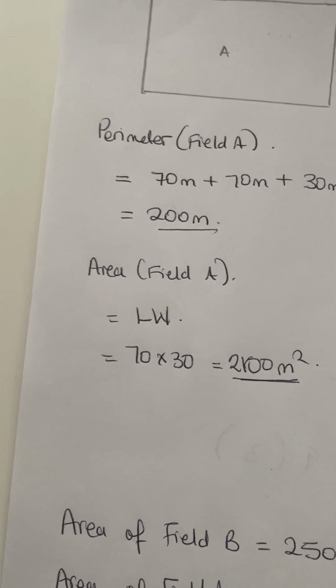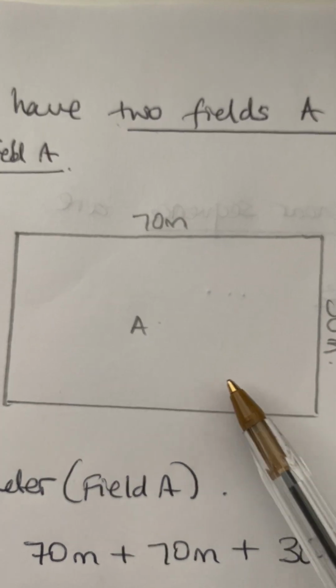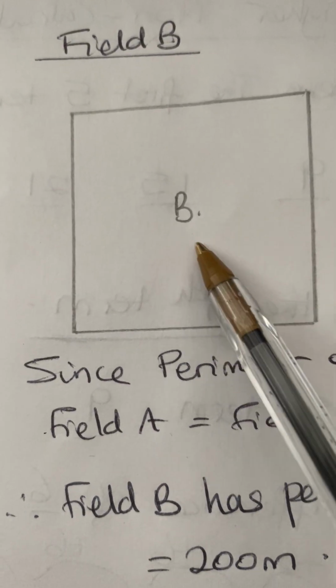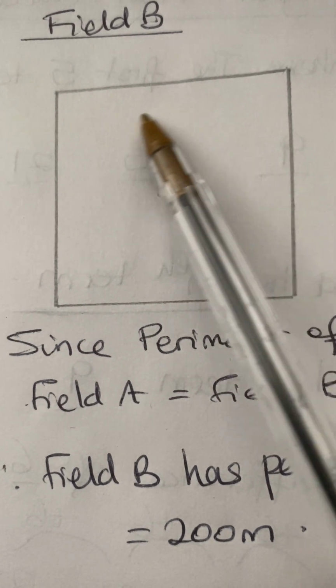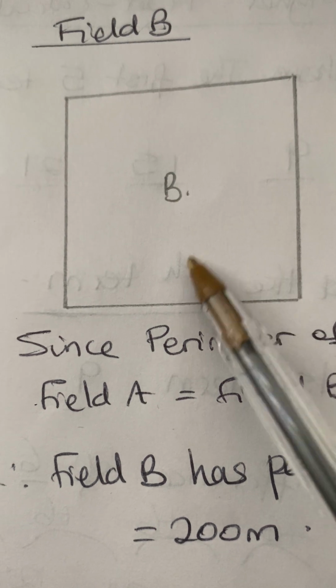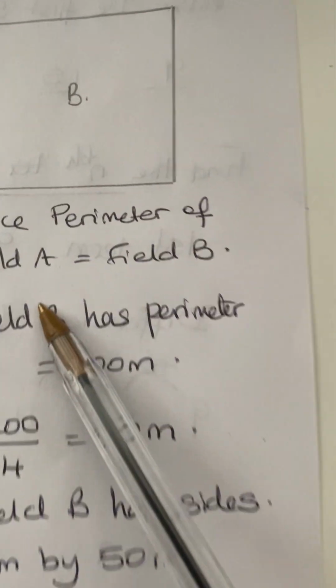Now we are going to use the information we have from field A to help us solve field B. Field B has the same perimeter.